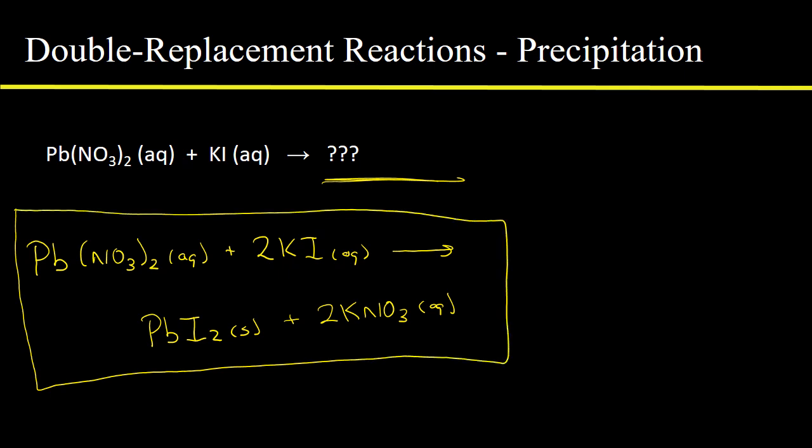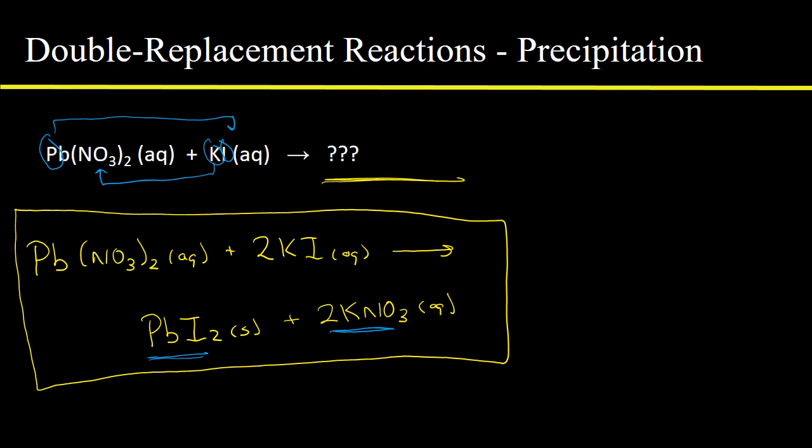All right. So to figure out the products, all I did was I recognized that this is an ionic reaction between two ionic compounds. So they're just going to switch partners. So the lead goes with the iodide and the potassium goes with the nitrate. So the products are going to be lead iodide and potassium nitrate. Then based on the charges, I made sure that I had the formulas correct.